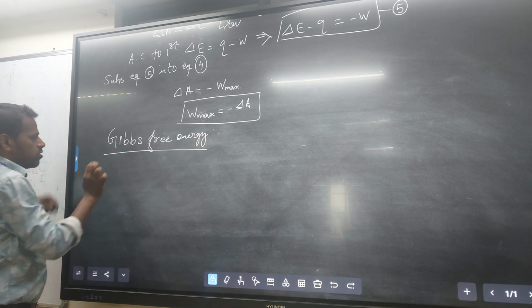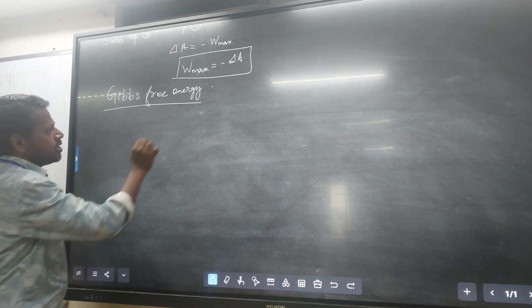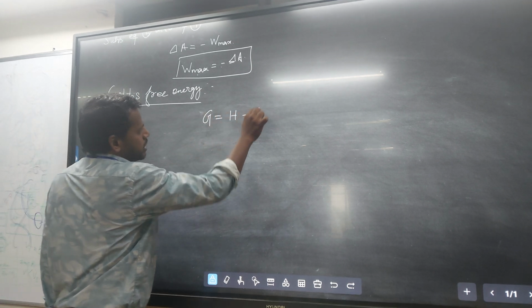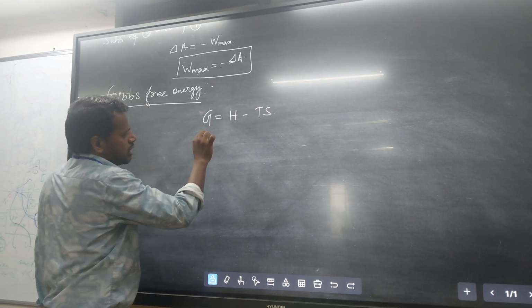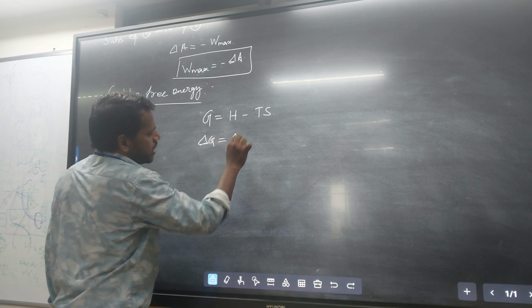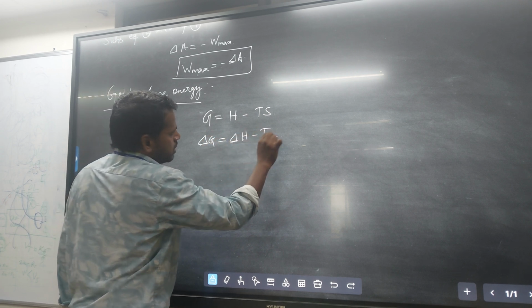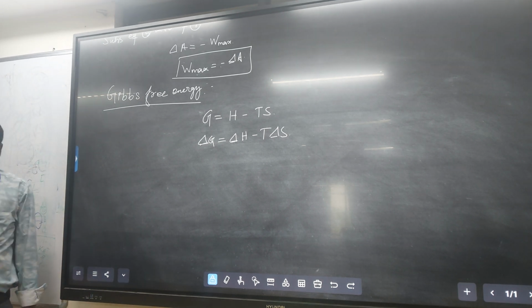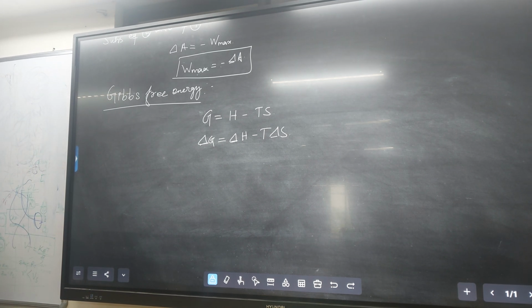Gibbs free energy. You know the Gibbs free energy, G equals H minus TS, otherwise delta G equals delta H minus T delta S. Right? What does the equation say?